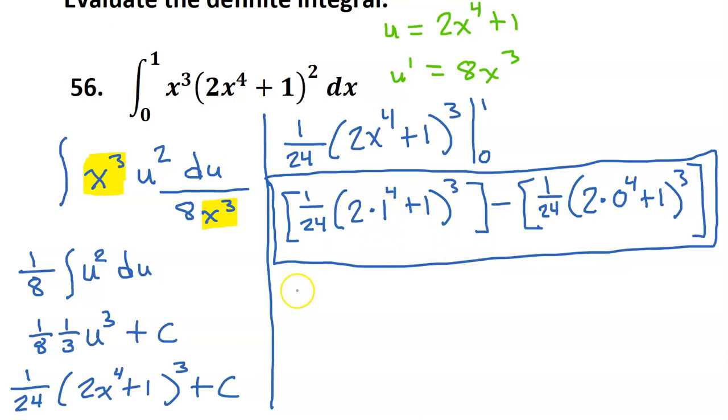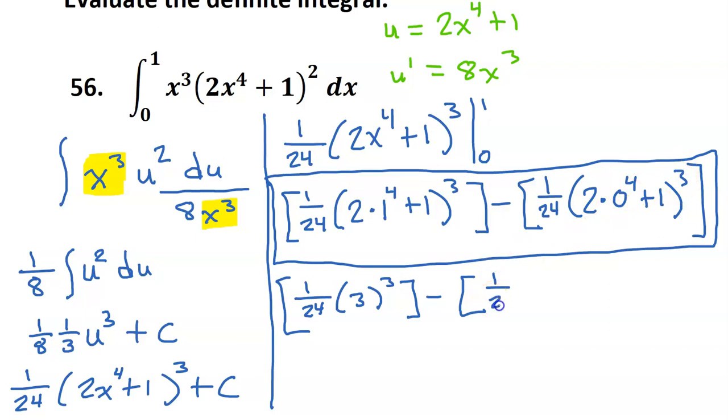So let's see. We have this 1 over 24. 1 to the 4th power is 1. So then we just have 2 plus 1, so that's 3 to the 3rd power. And in here we have 0. 2 times 0 is 0. That's going to be 1. So we have 1 to the 3rd power, still 1.